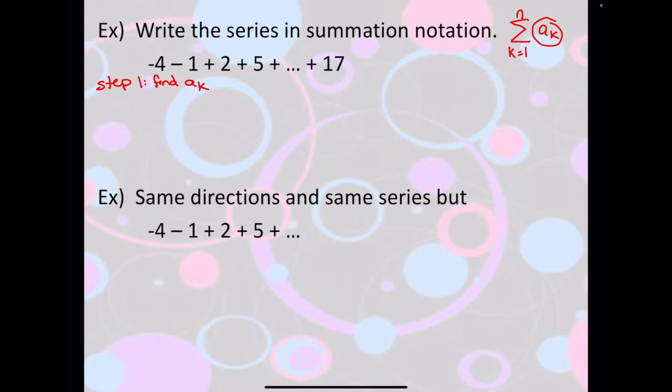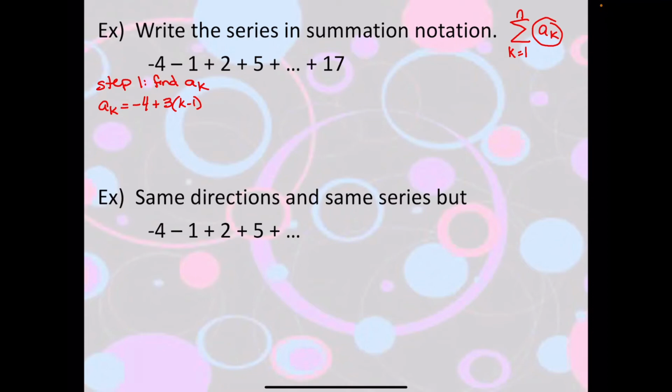Well, let's see. If I take a look at this, it looks to me like an arithmetic sequence. From -4 to -1, we're adding 3. From -1 to 2, we're adding 3, and so on. So a sub k would equal our first term, -4, plus 3, and remember, instead of using n, we're going to use k minus 1, only because that was what we saw in the notation.